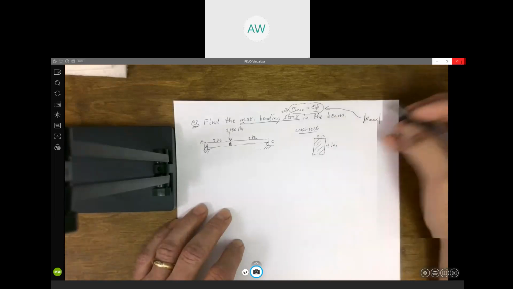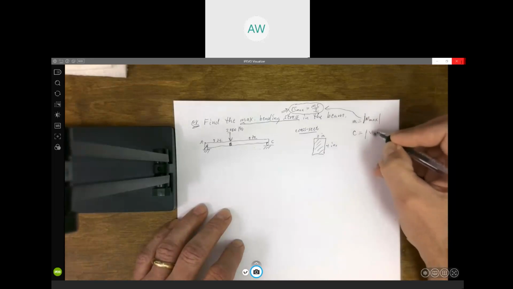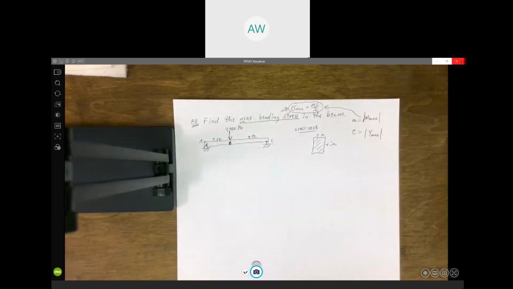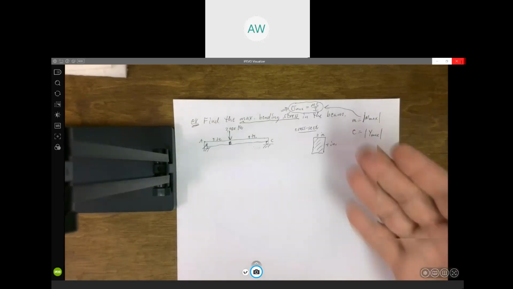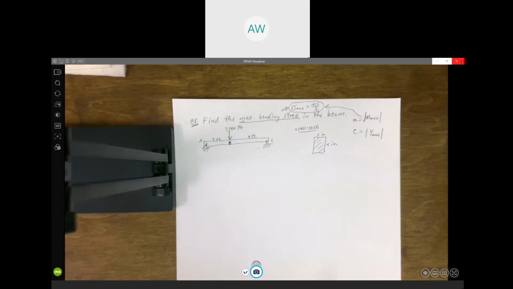That's what M is equal to. C here is just the absolute value, the largest magnitude of Y. No plus or minus. It just wants to know what's the farthest distance away from the neutral axis you can get. That's what the C represents. I is the same. It's the moment of inertia about the neutral axis.